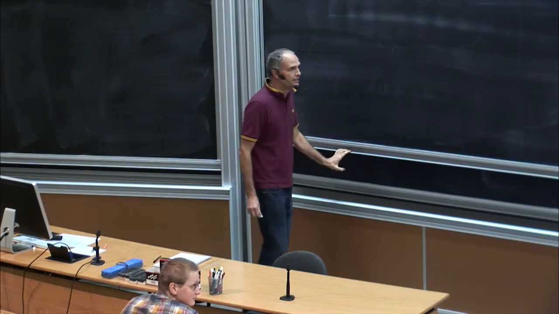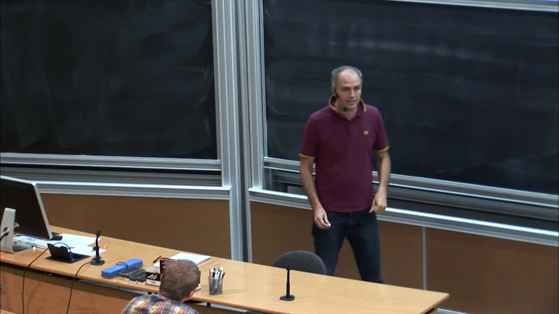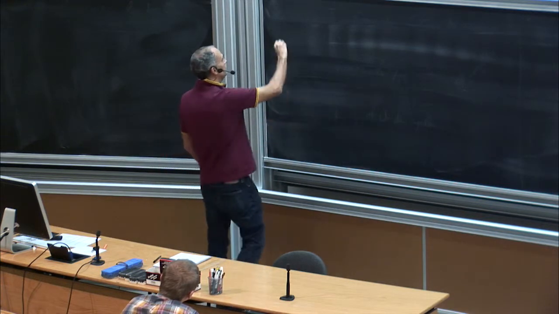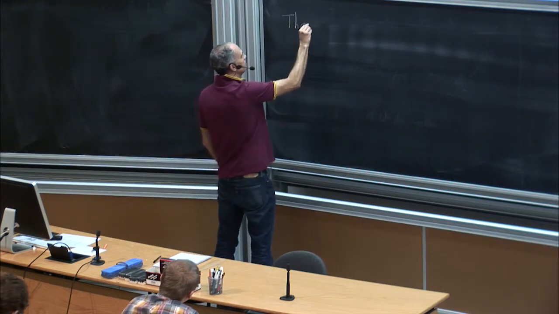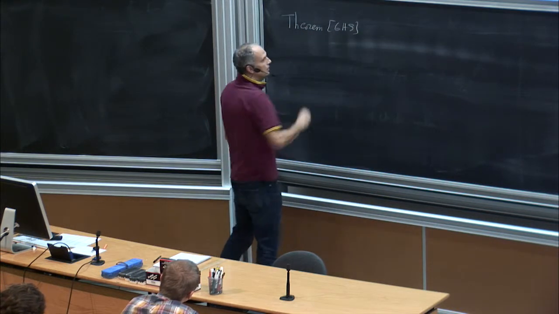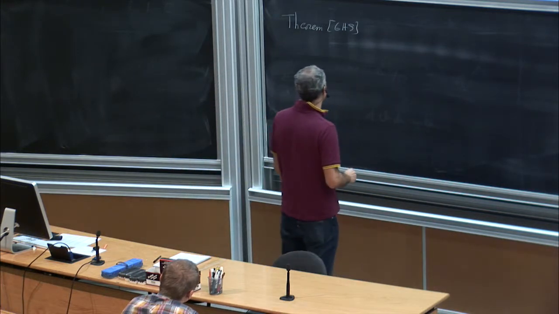So before doing this, let me just recall a theorem that we saw yesterday in the afternoon, which is the very nice theorem of Graber-Harris-Starr. So we have this theorem. I will write it on the blackboard in a slightly different way from yesterday afternoon.